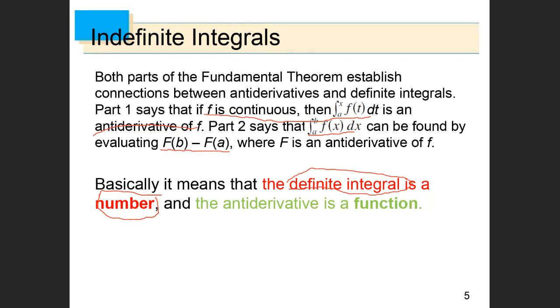The output is going to be a number. Whereas an antiderivative is a function. So antiderivative is always a function because it's that function such that if you differentiate it, then you're going to get your original function. So it is a function.